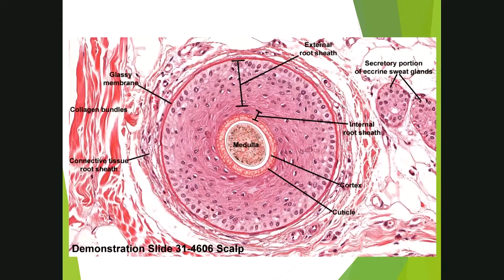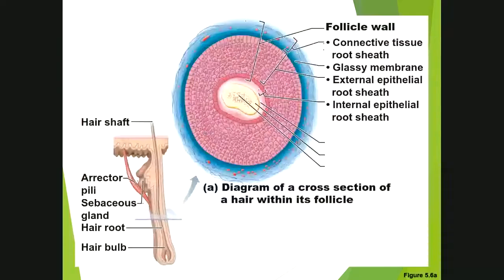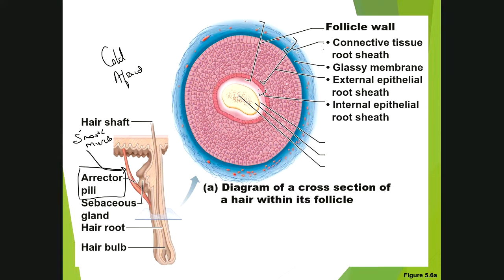There's one more thing associated with hairs. If you look at every single hair, there's a little muscle attached to every single hair. It's called the erector pili. It's smooth muscle, so if you remember from when we talked about histology, it's involuntary. When you get cold or if you get afraid, this little muscle is going to contract.